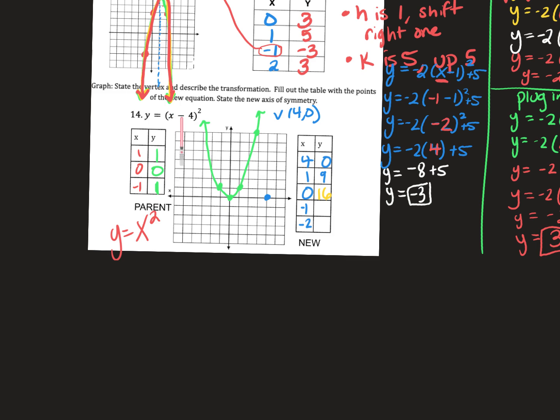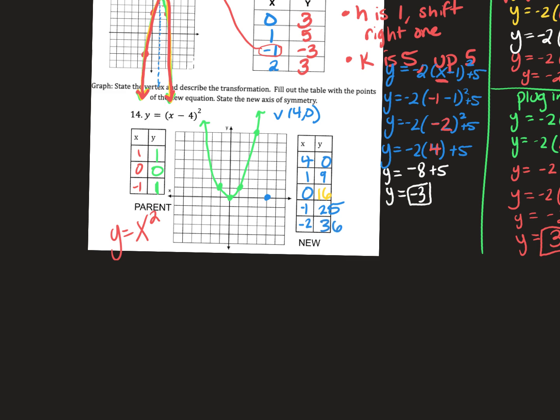Negative 1 minus 4. Negative 5 squared. What's negative 5 squared? 25. Okay, now let's plug in negative 2. Negative 2 minus 4 is negative 6. Negative 6 squared is 36.